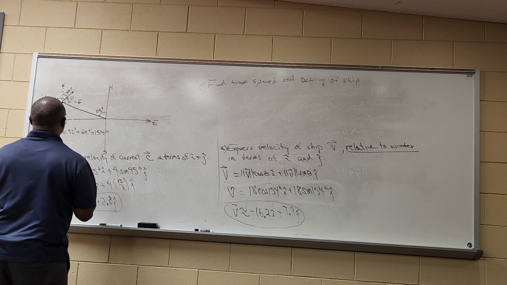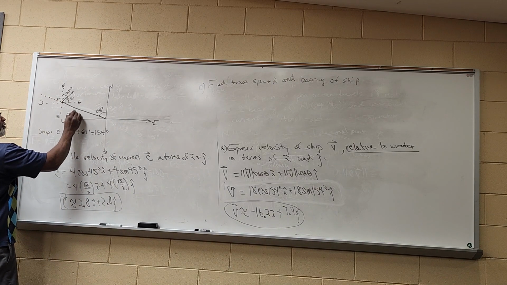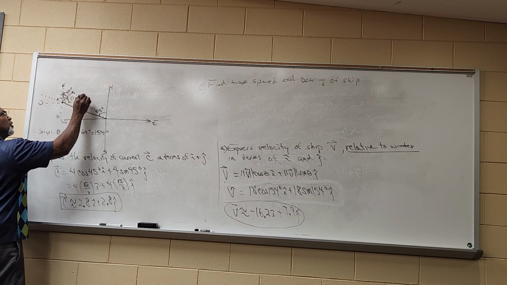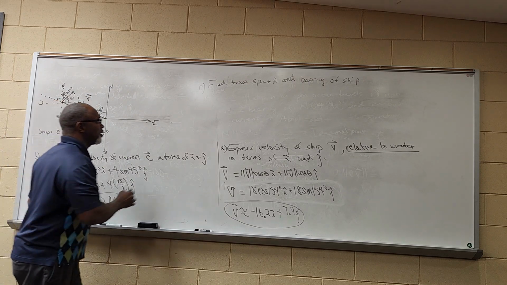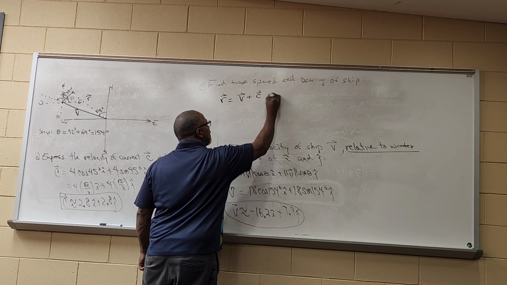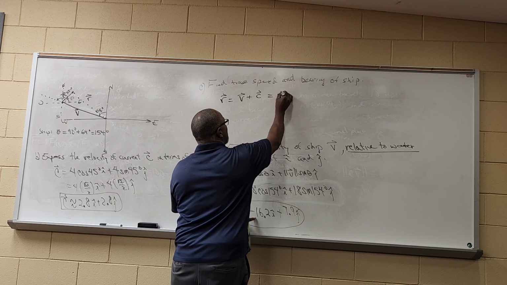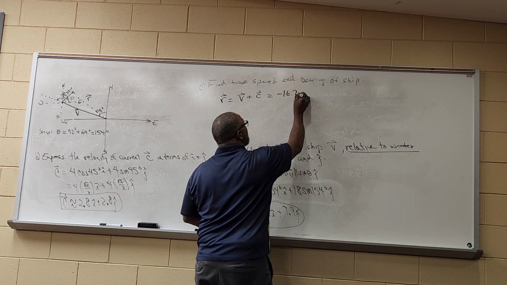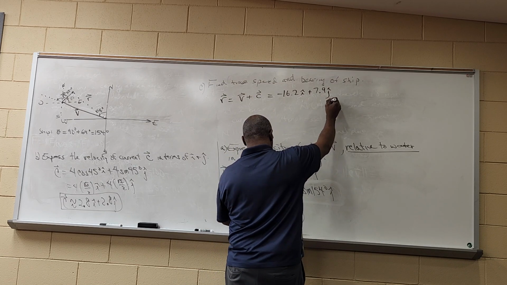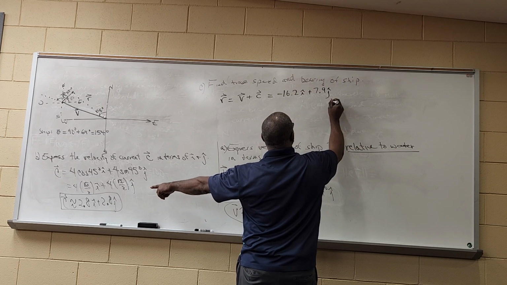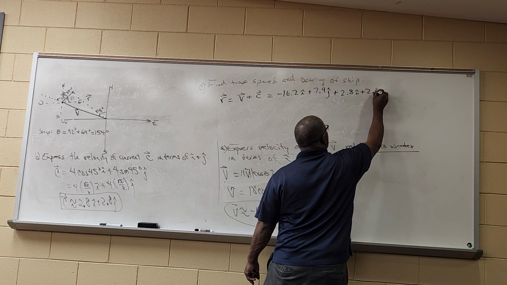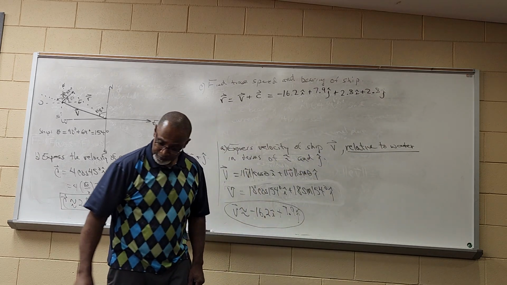Well, again, if that's the ship vector, this is C, then this vector right here would be the resultant vector. So I'm going to say that the resultant vector would just be V plus C, and that's just going to be adding these two vectors up. So negative 16.2i plus 7.9j, that's vector V. Vector C is this, so plus 2.8i plus 2.8j, okay?